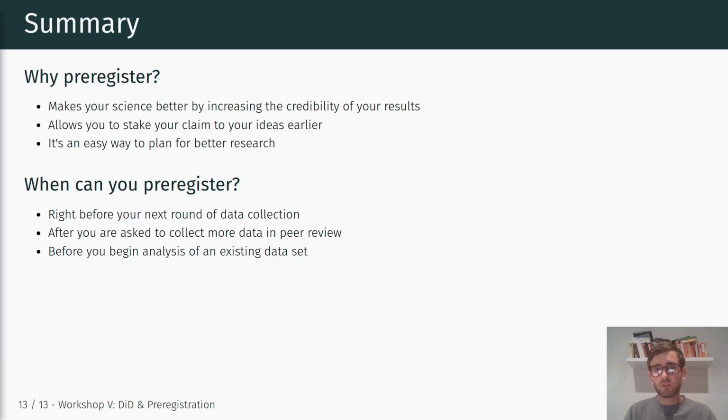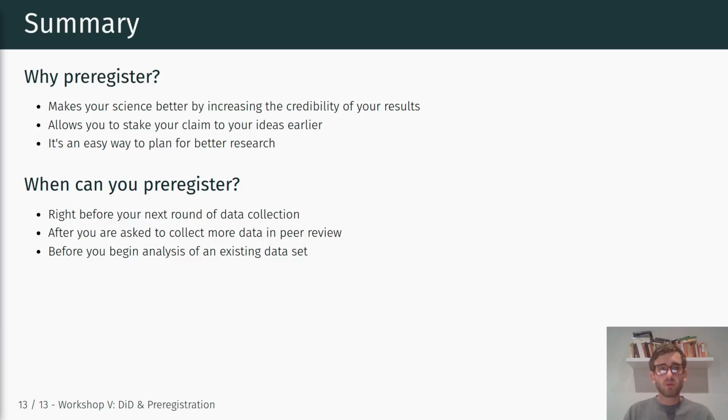You can also, if you already submitted a paper to a journal and reviewers asked you to collect more data or to run additional analysis or additional experiments, that's also a great position where you can pre-register your additional hypothesis or your additional data collection as part of that peer review process.